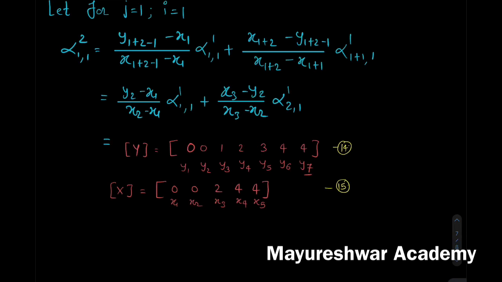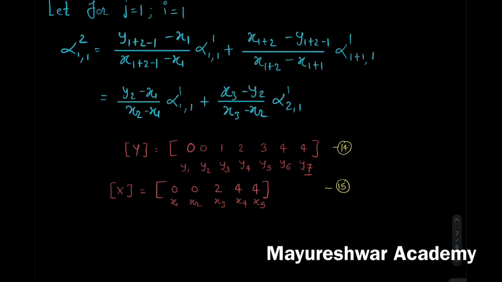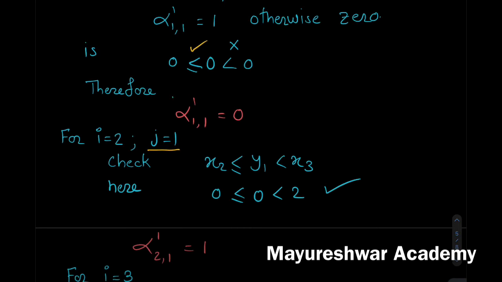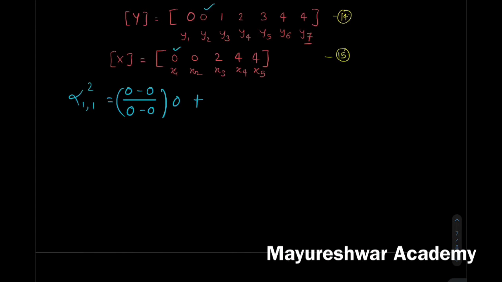So now I can substitute the values. Alpha 1 comma 1 2 is equal to y2, which is a value 0, and x1, which is 0 again, so divided by 0 minus 0. So anyway this term goes off because of 0. So alpha 1 comma 1, this value is also 0, so this term goes off.